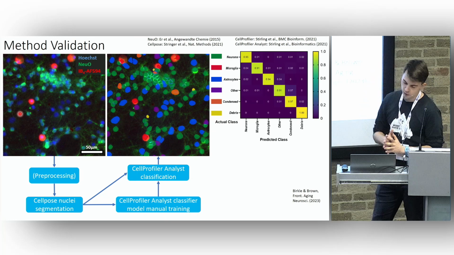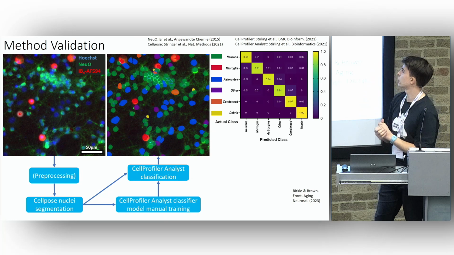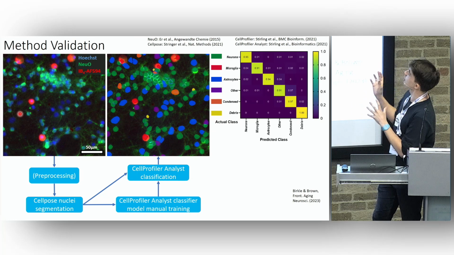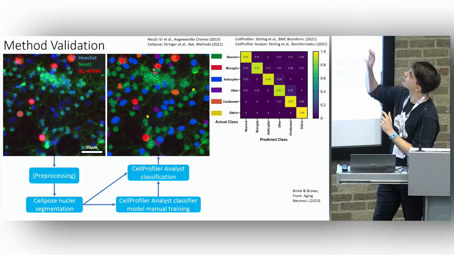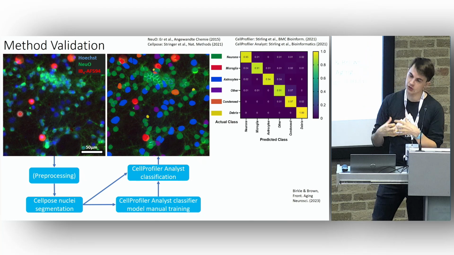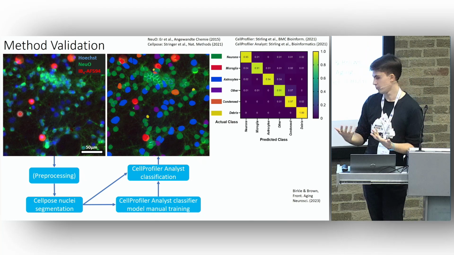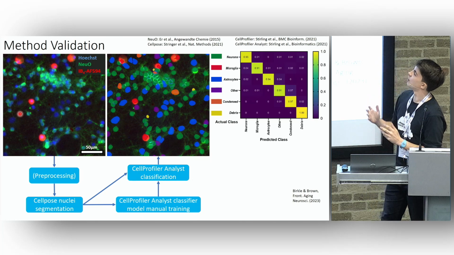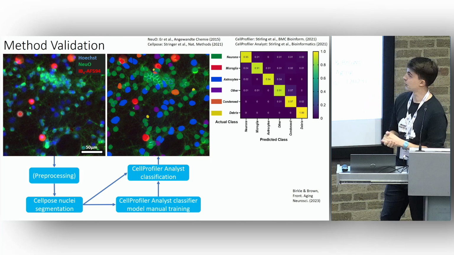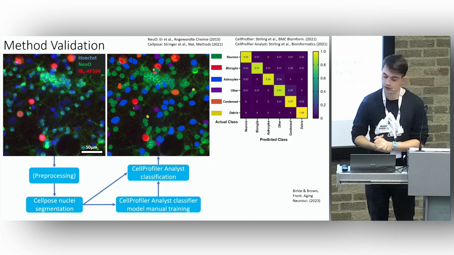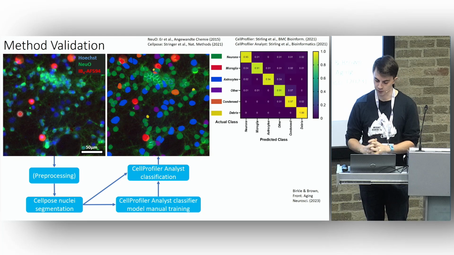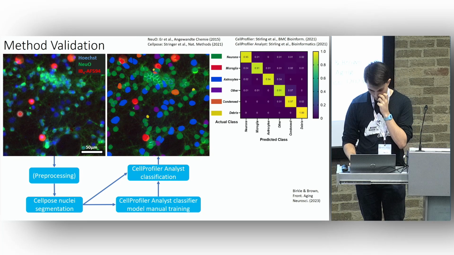So what I'm presenting on the top right is a validation of this approach. This is a confusion matrix. To interpret it, for example, top left, 95% of the neurons that are manually classified as neurons by myself are accurately predicted by the pipeline to be neurons, and similarly for the other classes that we're differentiating here.